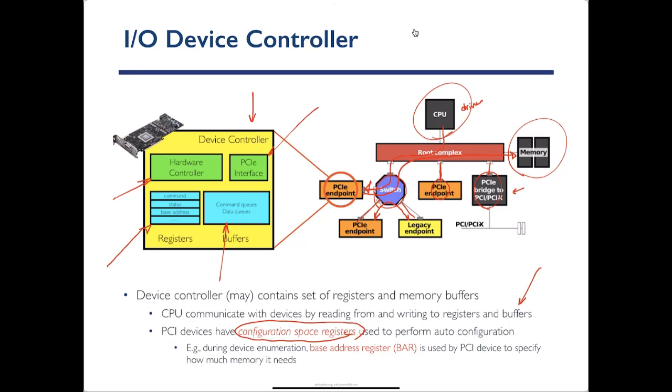Now, you want the device to know that these addresses are associated with the device's registers, so that the device can listen and understand those messages. So that's how it happens, right? We write to the same set of registers, usually base address registers, to tell the device the range of addresses that are assigned to that device.